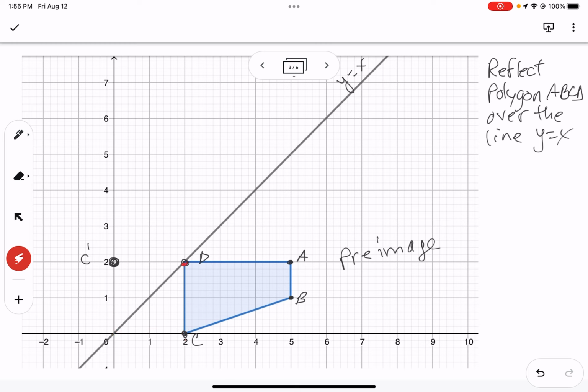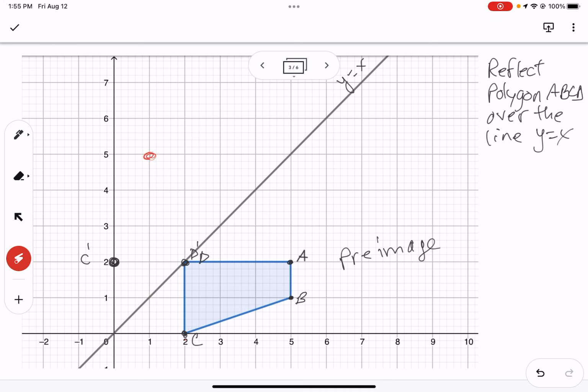Okay, D is staying put. It's on the line, and if you reflect it over, it's basically reflecting over itself. So D is D prime. I'll label that D prime. And now let's take a look at B. If I go straight over to y equals x, I'm going 1, 2, 3, 4, which means from here it should be equidistant. 1, 2, 3, 4.